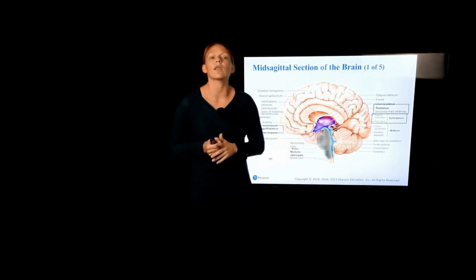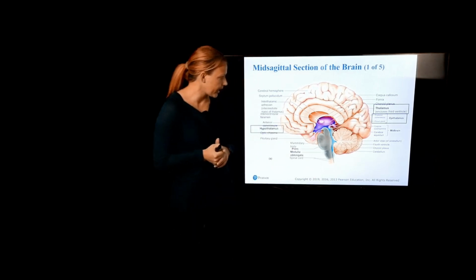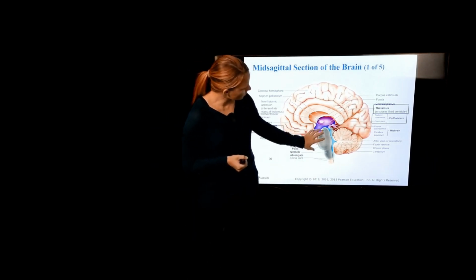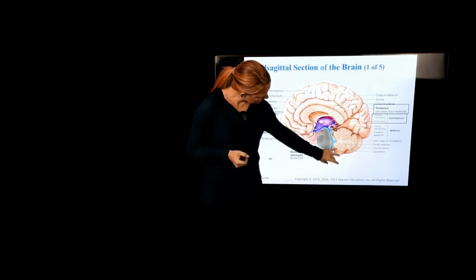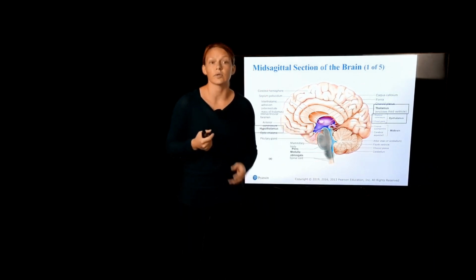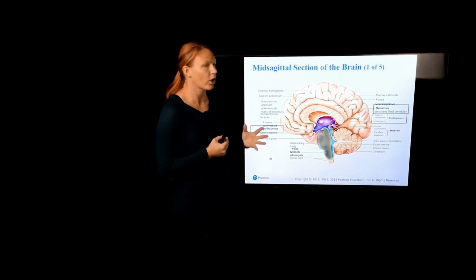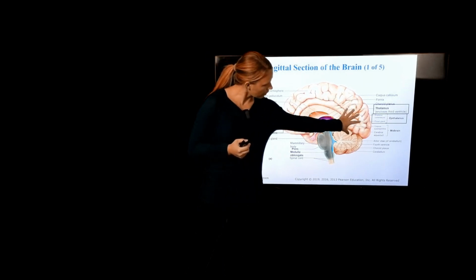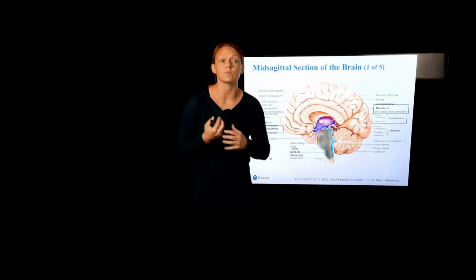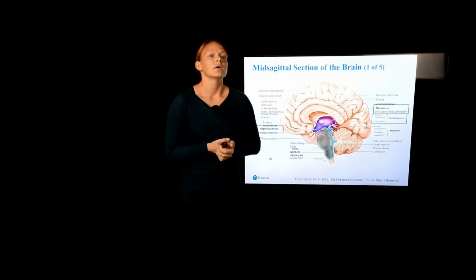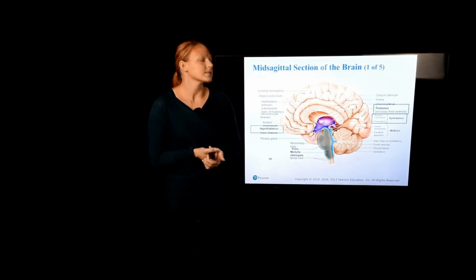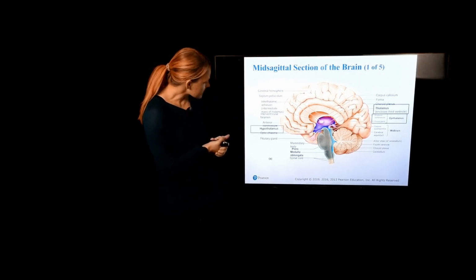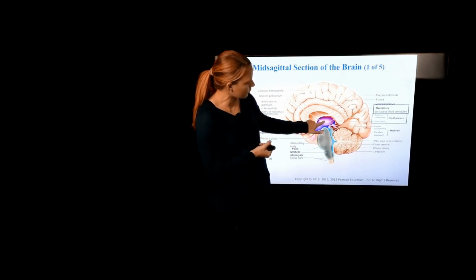So the diencephalon is located between the brainstem, so you can see your brainstem region right here, and your cerebrum, right? Your cerebral hemispheres. So here's your cerebrum right here. Diencephalon is between those. It is going to consist of your thalamus, which is right here in purple.